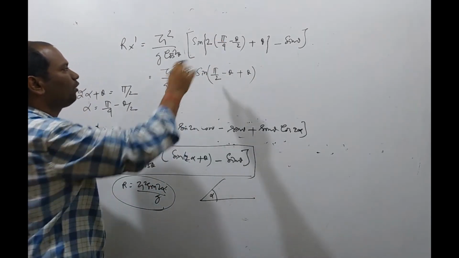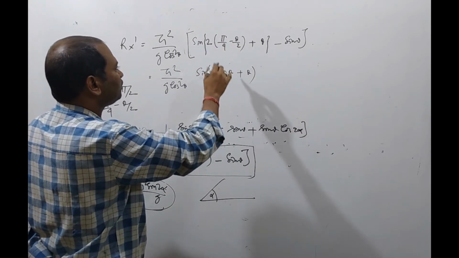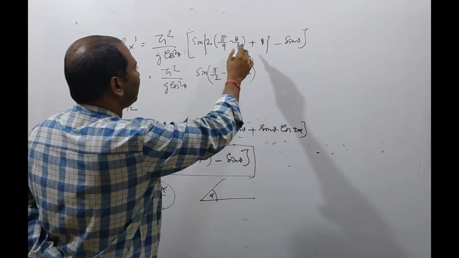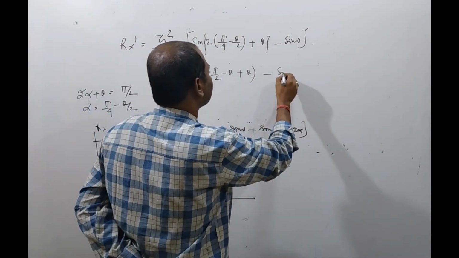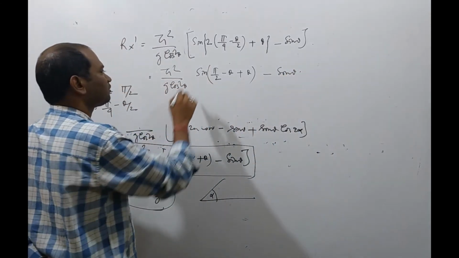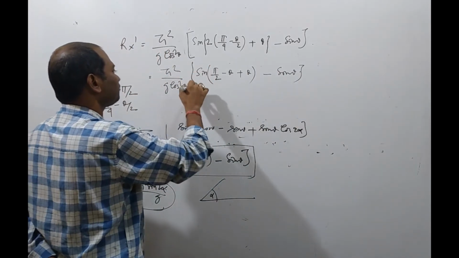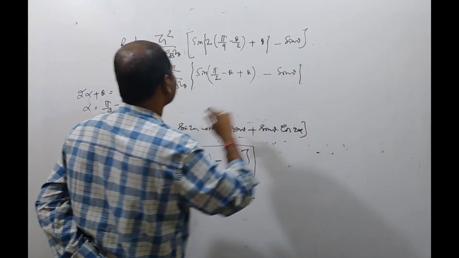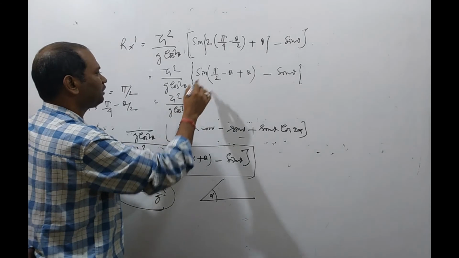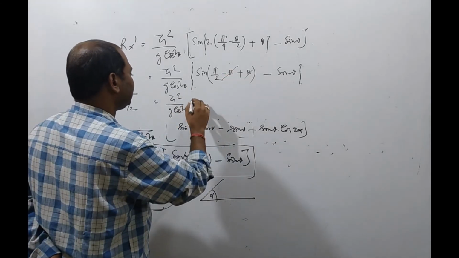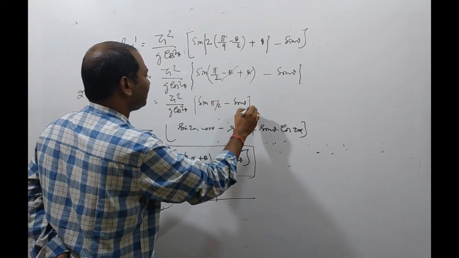Multiplying 2 into pi by 4 gives pi by 2. Then 2 into theta by 2, the 2 cancels out, so minus theta. Then plus theta, this much minus sin theta in this bracket, that equals u square by g cos square theta into sin pi by 2 minus sin theta.